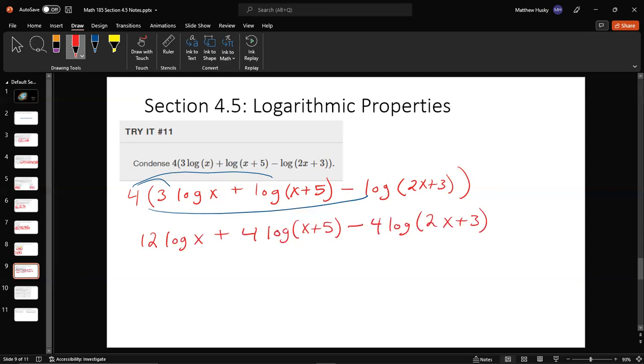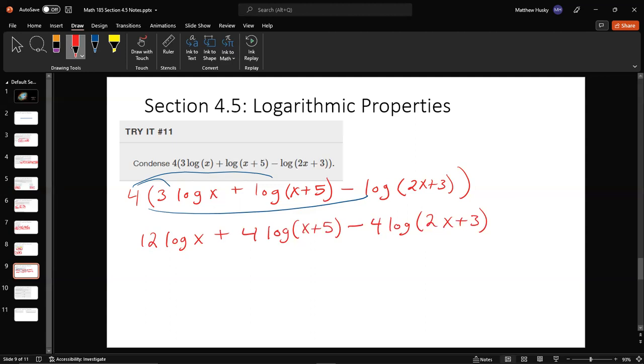Then what's going to happen, each number that's in front is going to get pulled inside and become a power. So we're doing kind of the opposite of what we did last time. When we expand, we break them apart, adding and subtracting, and then pull out the powers. Here, we're going to pull in the powers first, and then combine them based on the adding and subtracting.